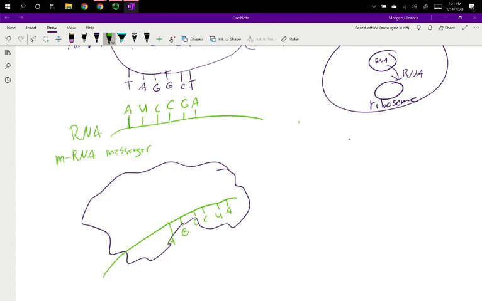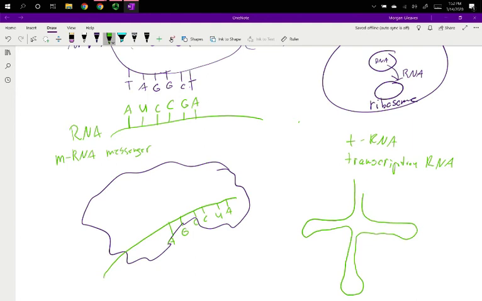There are a few types of RNA that are constructed elsewhere, and these are tRNA, transfer RNA. These are chunks of RNA who fold up on themselves and look like this.